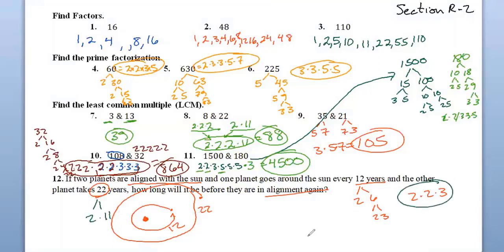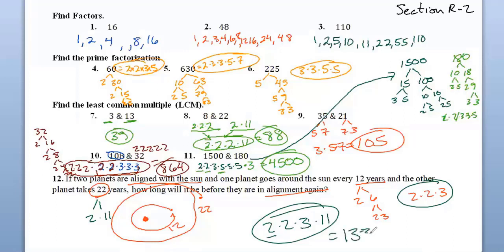So if we start with 2 times 2 times 3, we already have a 2, but we need the 11. All righty, so this is 12 times 11 equals 132. At 132 years, this guy will have gone around 6 times, and this guy will have gone around 11 times. Excellent.